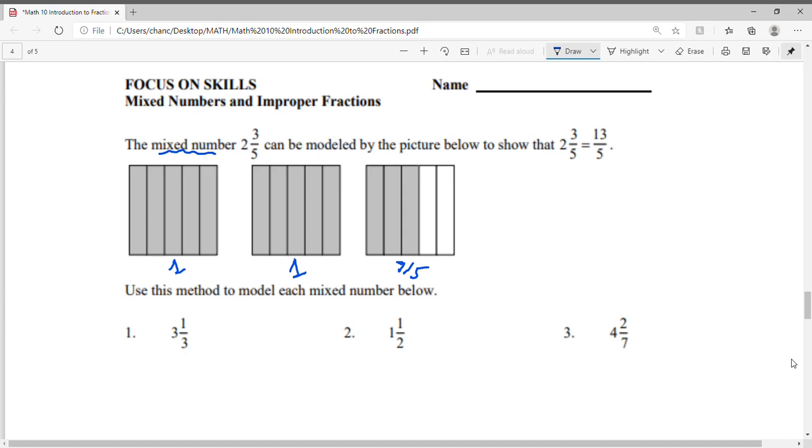Now, if you count the individual pieces, this is 5/5. This is 5/5. And this is 3/5. The total, if I were to add all of these pieces, is 13/5. This is a great model to show students how an improper fraction is related to a mixed number.